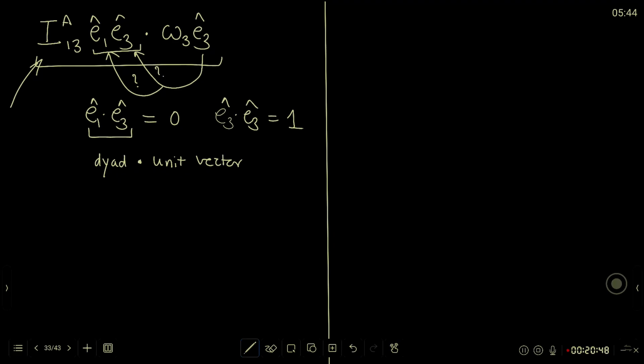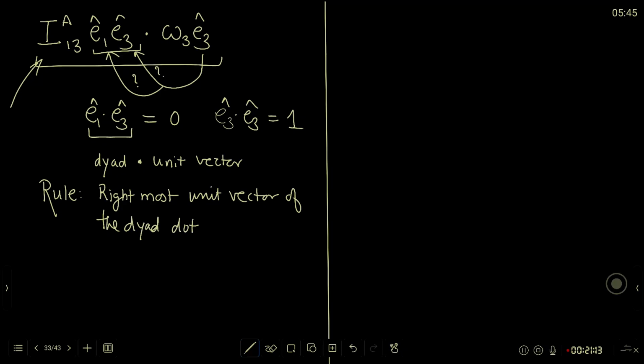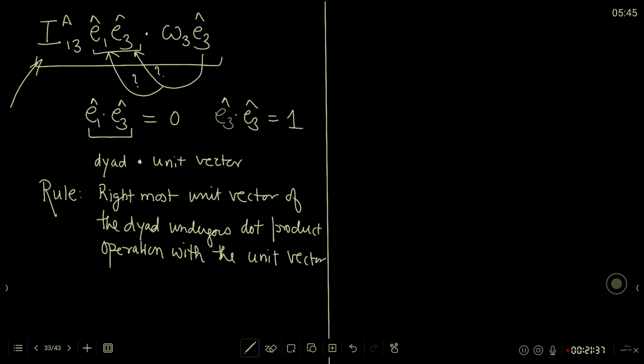The rule is that the rightmost unit vector of the dyad undergoes the dot product operation with the unit vector appearing on the right hand side of the dot operator. This is the rule.